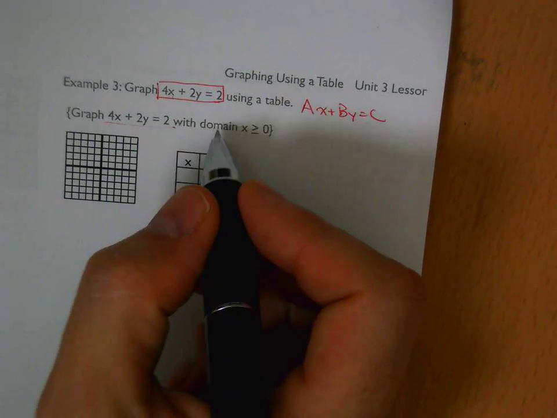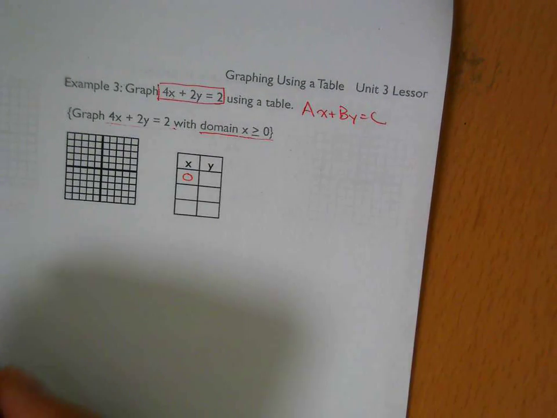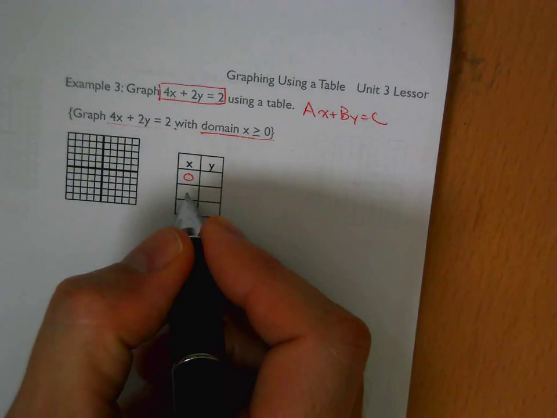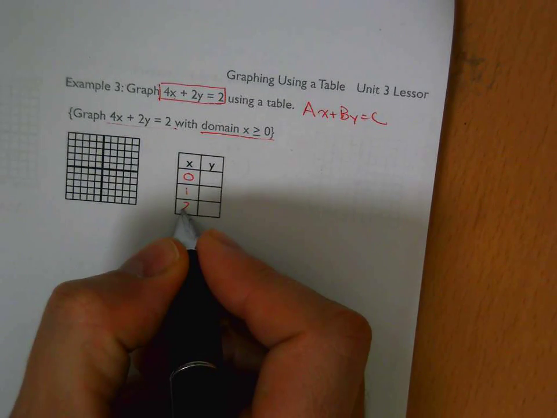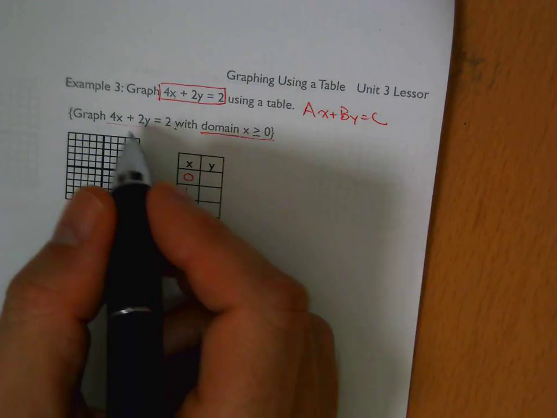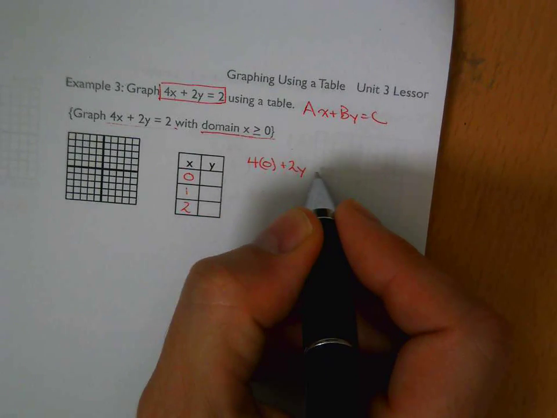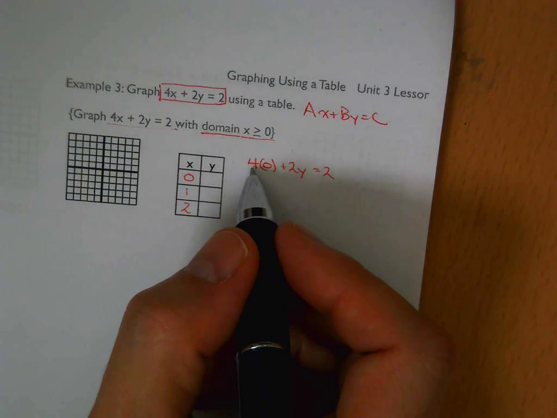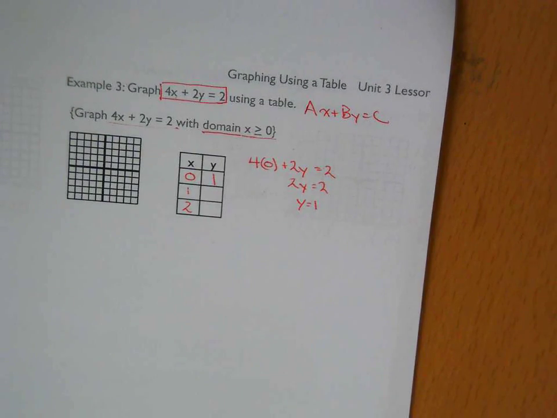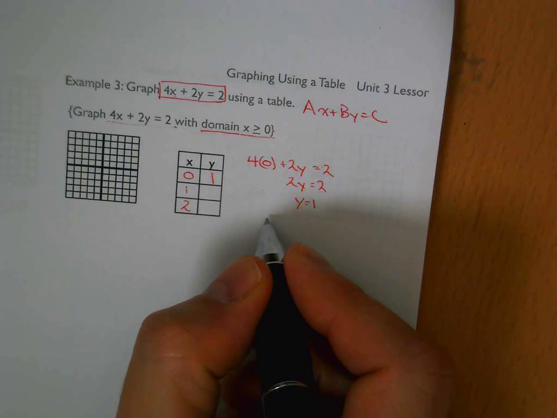It also gives us the clarifier that the domain is x greater than or equal to 0. It's a good idea to start with 0. I don't need any negative numbers for this particular graph. And maybe I'll just pick a couple of easy numbers like 1 and 2. We're going to plug in 0 for x, and then solve for y. Well, 0 is a good number because 4 times 0 is 0, so 2y equals 2. It helps to be kind of fast at solving these equations.